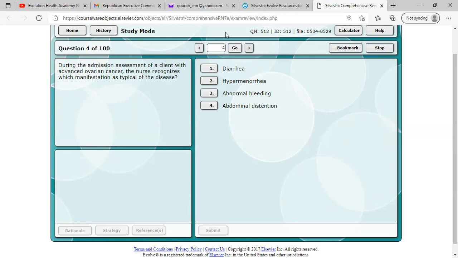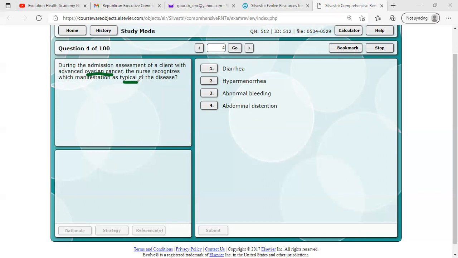So the question here: my patient is diagnosed with ovarian cancer, recognize which manifestation is typical of the disease.